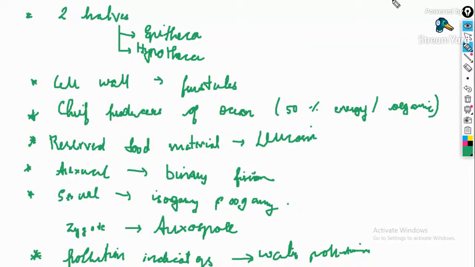Okay, fine. Next is the examples of diatoms. Write it. Examples of diatoms. First one, Navicula. Second one, Cimbella.